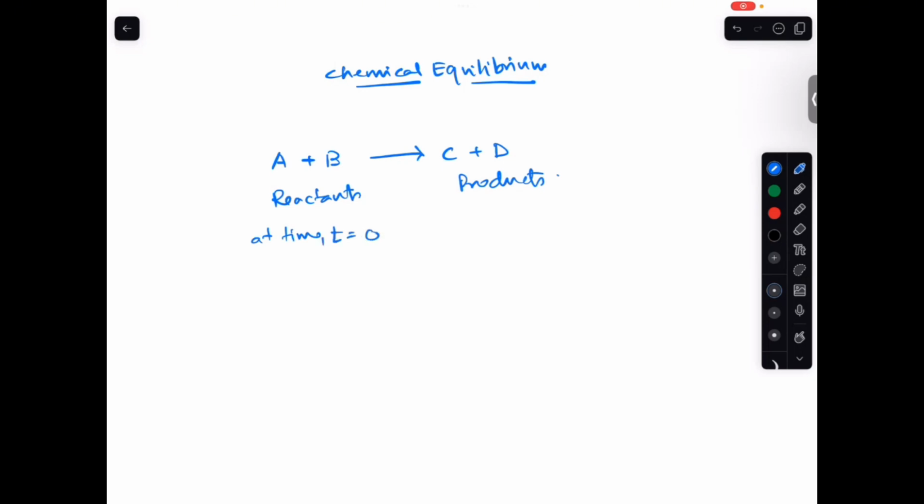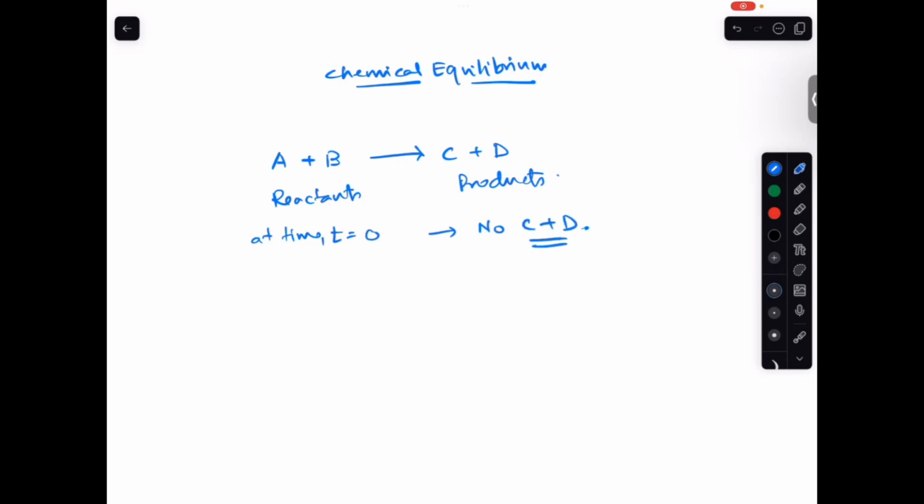So at time t is equal to 0, the reaction has just begun. Okay. Will you have any products at that point in time? No products, right? Okay. So let's call it this way. There'll be no C plus D, no products.